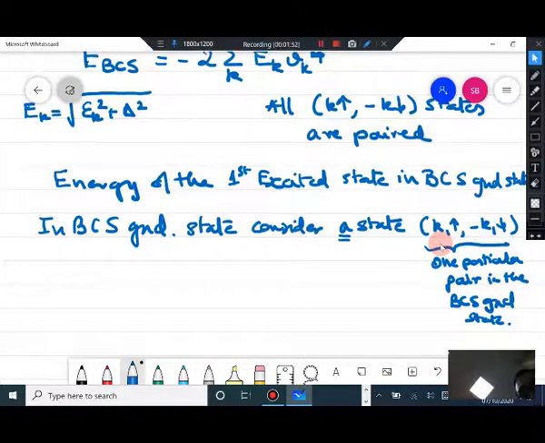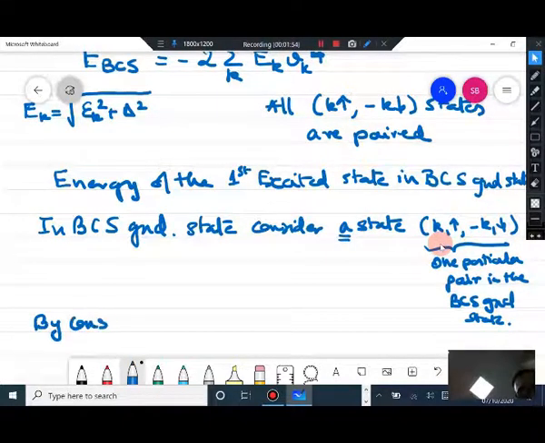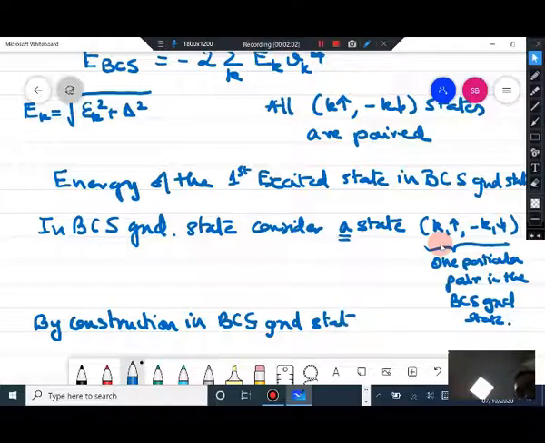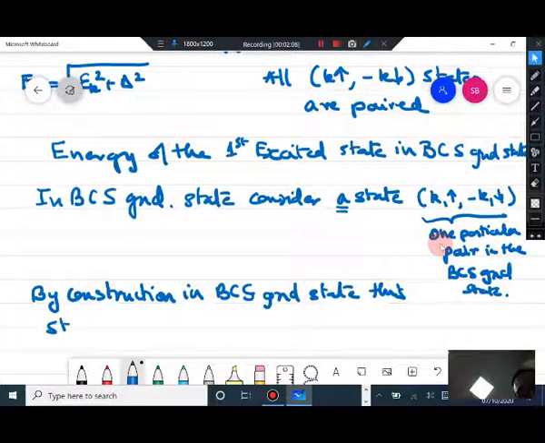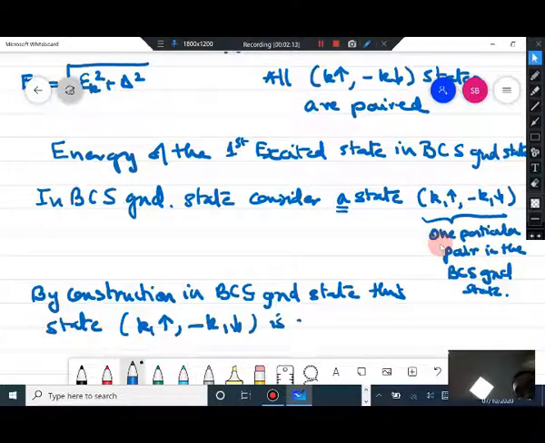Now by construction, in the BCS ground state, this state k1 up minus k1 down is occupied.